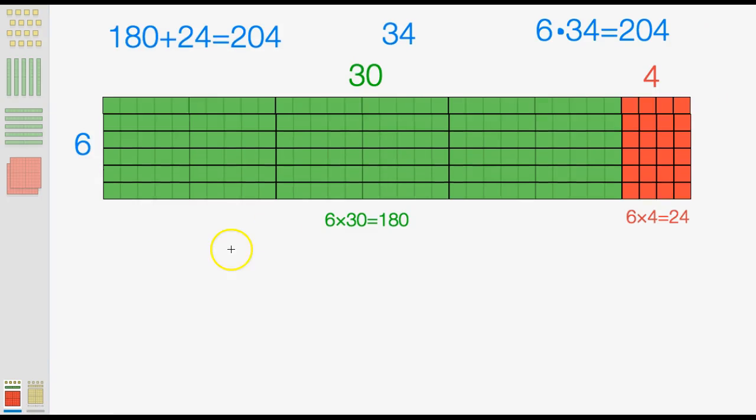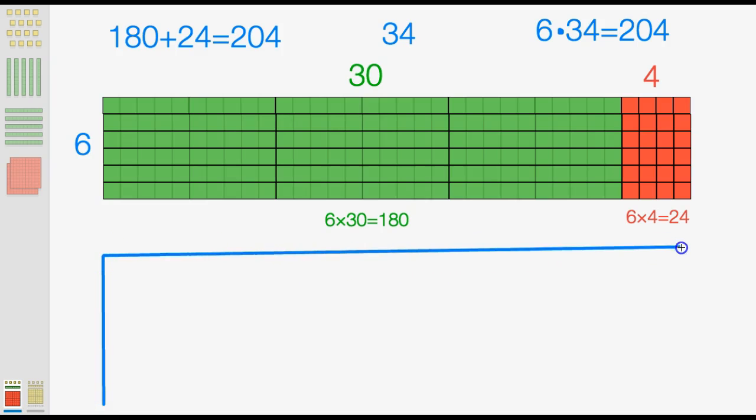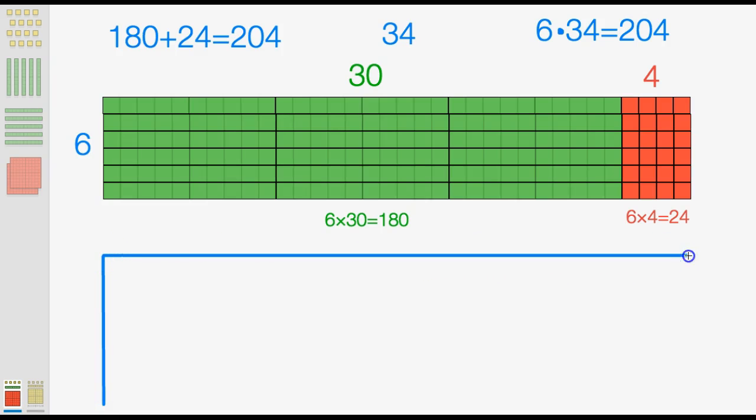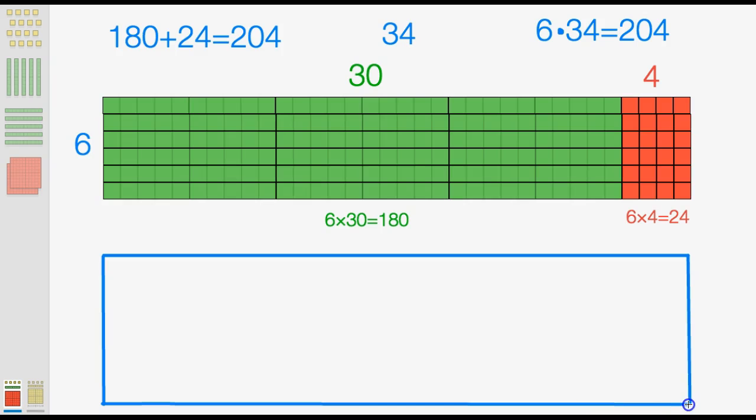So the first thing that you're going to need to do is draw a rectangle that's approximately this long. I'm going to go ahead and use blue, I guess, because that's the color that came out. So I've got my rectangle here.